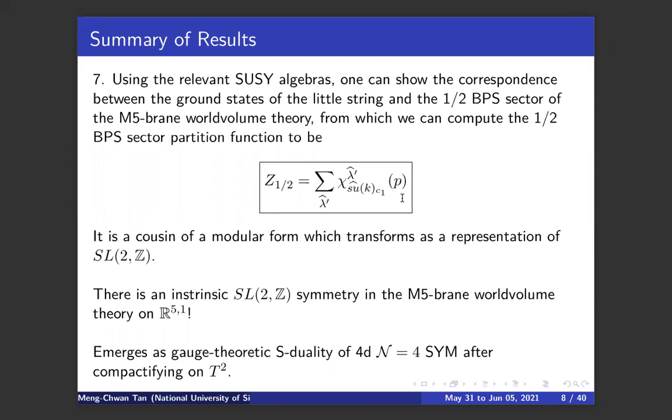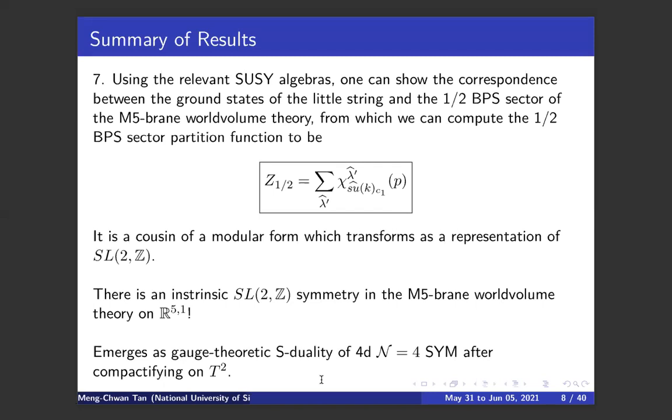Okay, so you can see that there is an intrinsic SL(2,Z) symmetry in the M5-brane worldvolume theory in the half BPS sector, that's defined on R^{5,1}. And it emerges explicitly as the gauge theoretic S-duality of 4D N=4 super Yang-Mills after compactifying on T^2. All right, so this is, to me, the most interesting part, right?